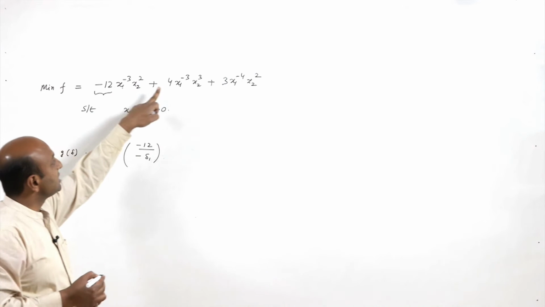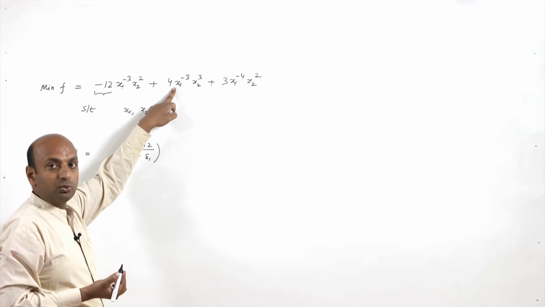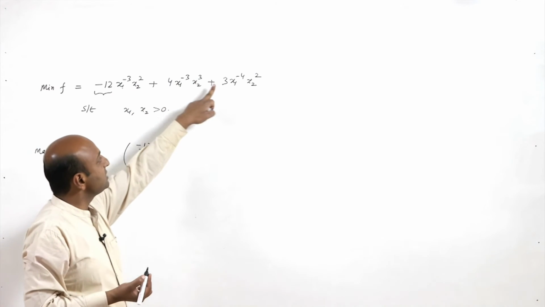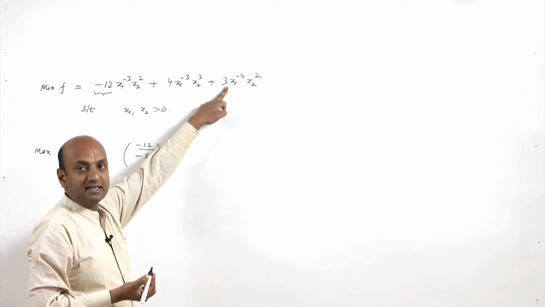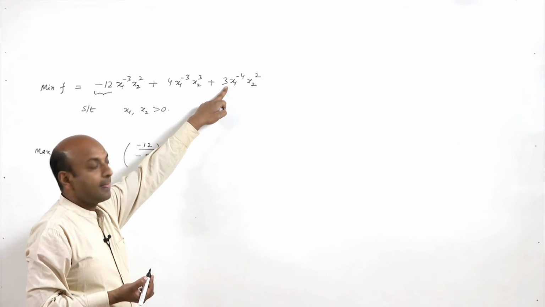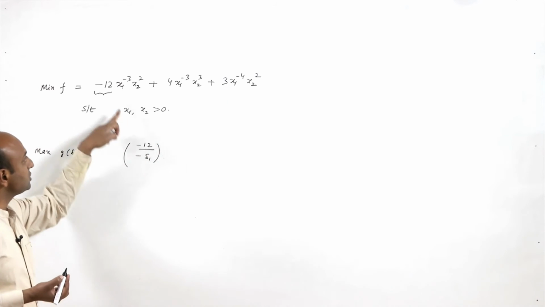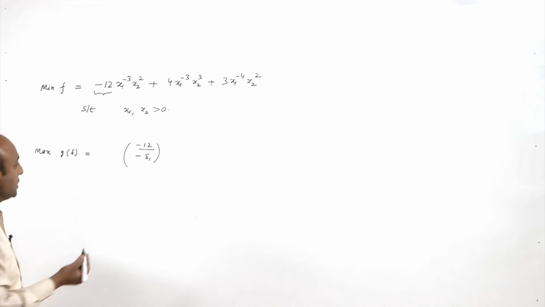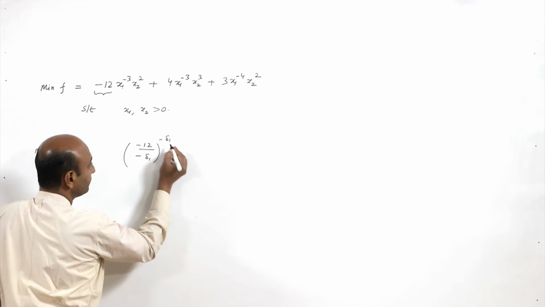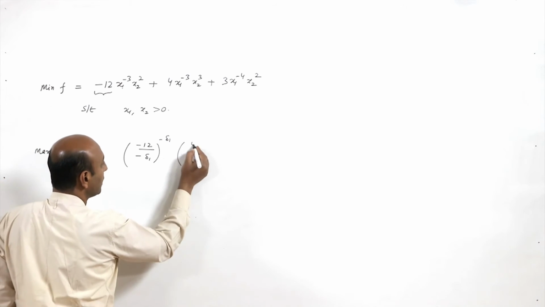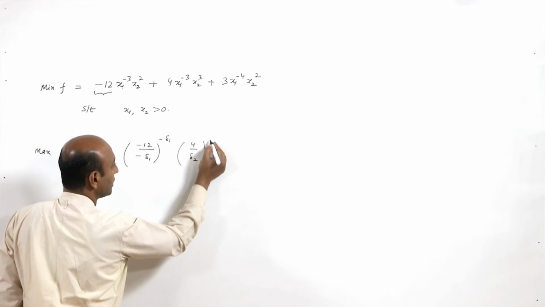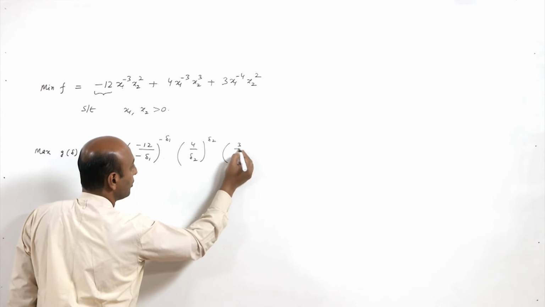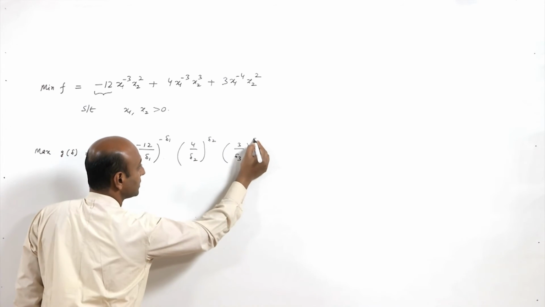This is positive coefficient, so we take plus delta 2. This is positive coefficient, so we take plus delta 3. Okay. So this we will do only for those terms having negative coefficients. So it is minus delta 1, then 4 upon delta 2 whole raised to power delta 2, and 3 upon delta 3 whole raised to power delta 3.